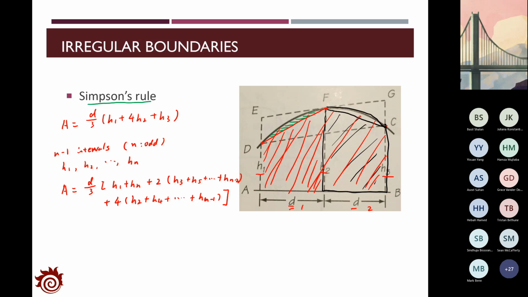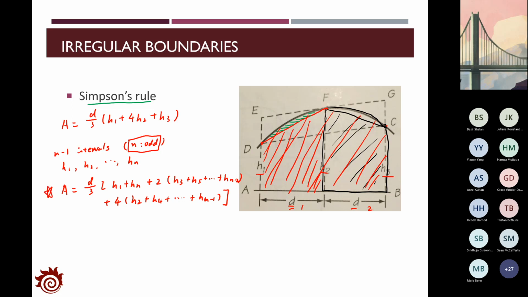So this is the way for you to apply Simpson's rule to calculate the area under irregular boundaries. And you also have to make sure that n is odd in order to apply this equation.